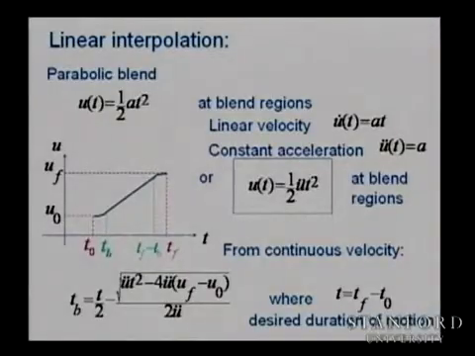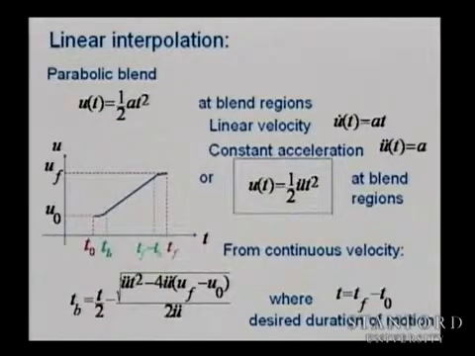If you want to see the actual equations, they're in the book. They're a little bit more complicated, but it's basically a second degree polynomial, where t here is the duration of the entire motion from t sub 0 to t sub f.